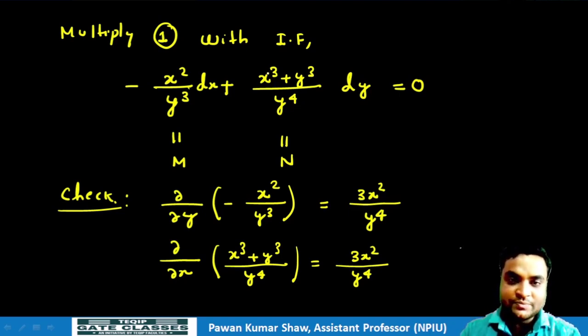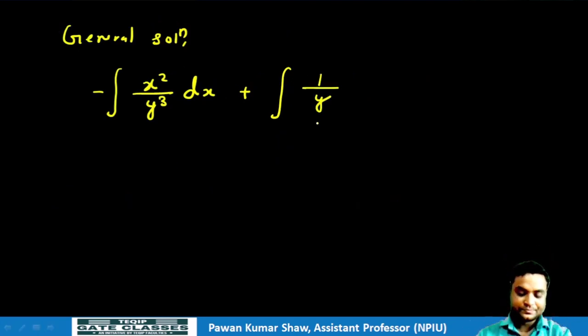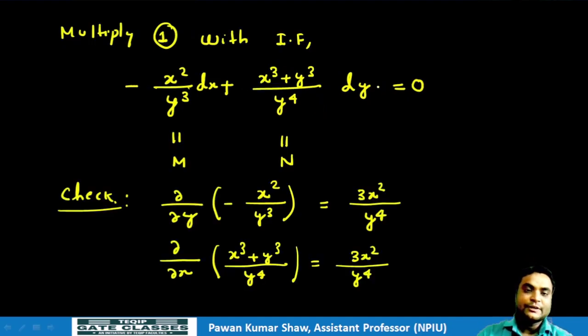The first term, x cube by y to the power of 4, contains x, but we have to take those terms which do not contain x. So we will take the term 1 by y. Only the term 1 by y remains, those terms not containing x. Because how can we write the general solution? If we are taking the dx term, we take the whole term, and in that case y will be treated as a constant.